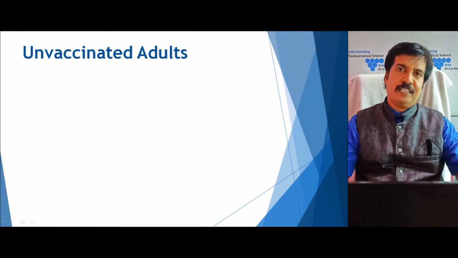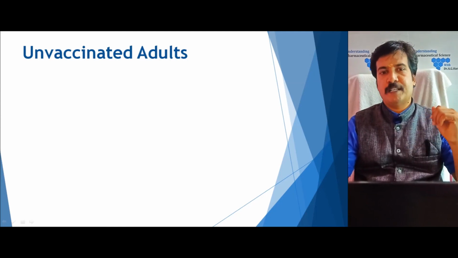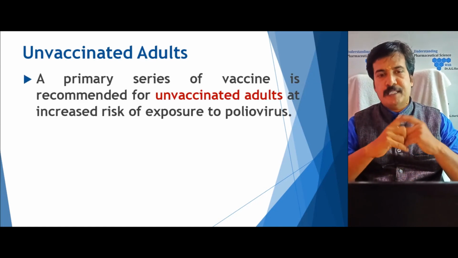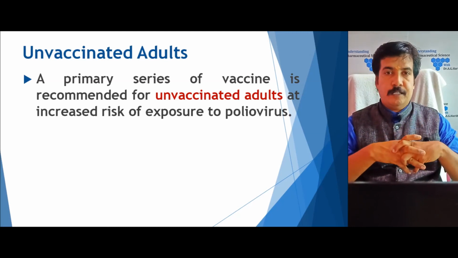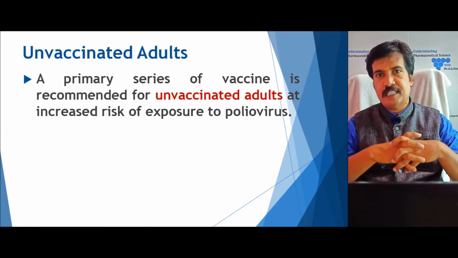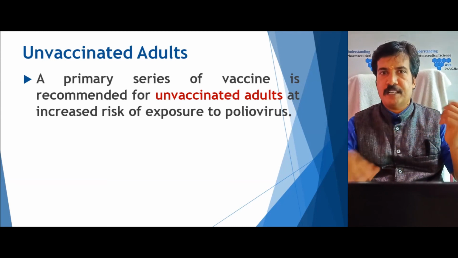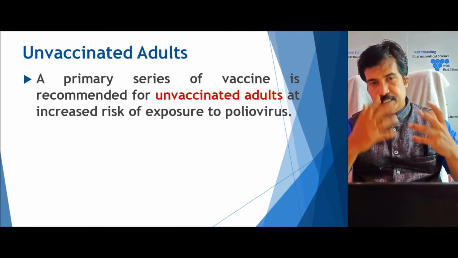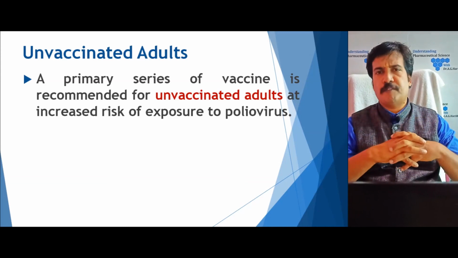If the vaccine is not given during childhood and you have to administer it to adults, then if you see the dosage regimen for unvaccinated adults, the primary series is recommended in such a manner that care should be taken, because administration of this primary series, that is the 3 doses, can sometimes cause a risk that the person gets exposed to the polio virus naturally. Generally, vaccination of unvaccinated adults is not preferable.